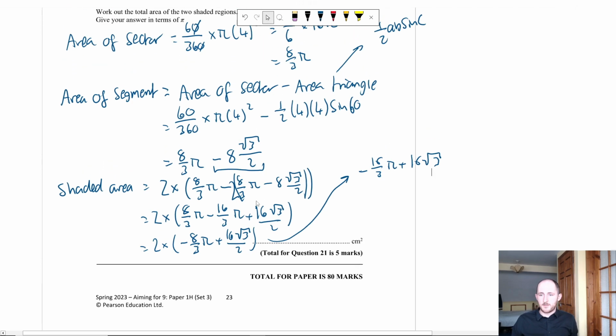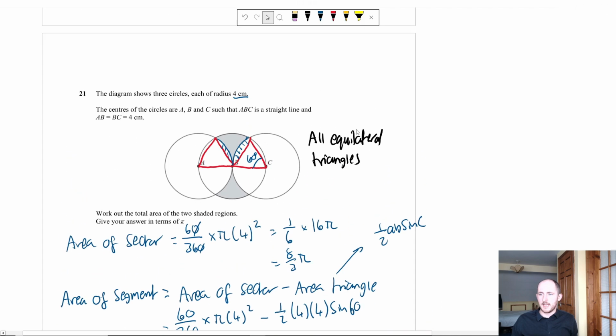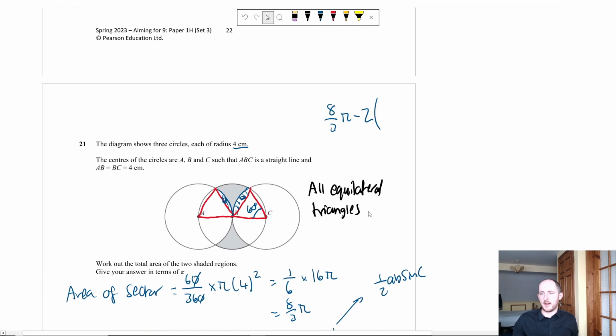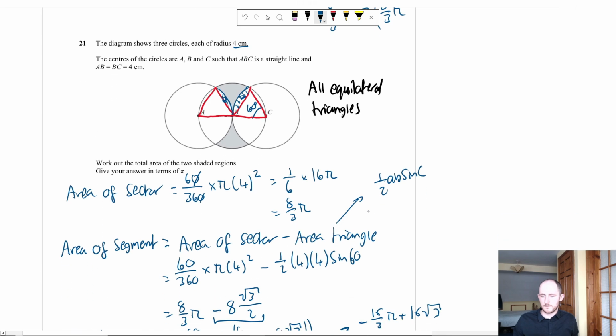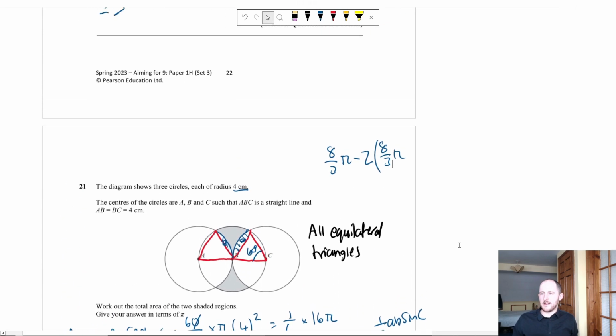So again, with this part here, it's a bit messy, so let me go through it one more time. So the area of this top shaded area is going to be the area of the sector, which is 8 over 3 pi, minus 2 segments, because we have 1 here, we have 1 here. So 2 times the area of the segment, which is 8 over 3 pi minus 8 root 3 over 2.